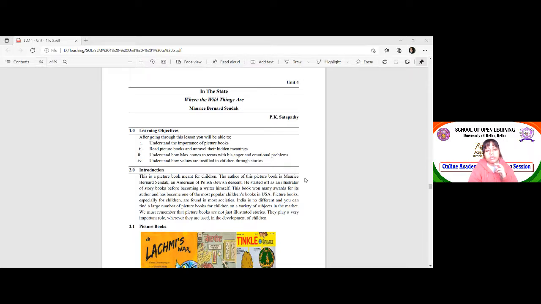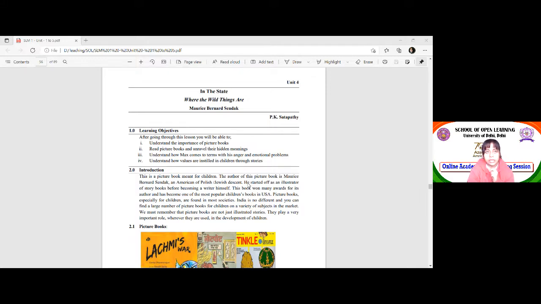Okay. So what I was saying is that like picture books, we are all acquainted and familiar with picture books because we had them as children. But at the same time, picture books are not only meant for children. Obviously, to make children understand the association between words and pictures, it is important.